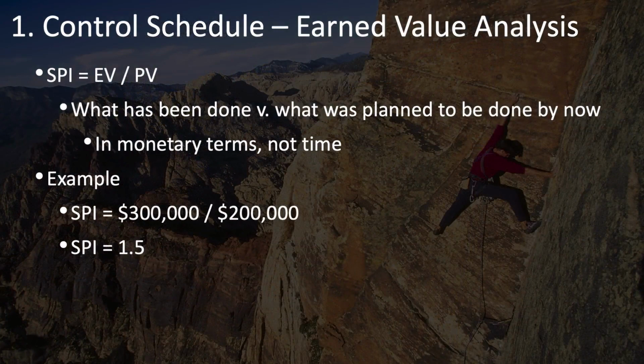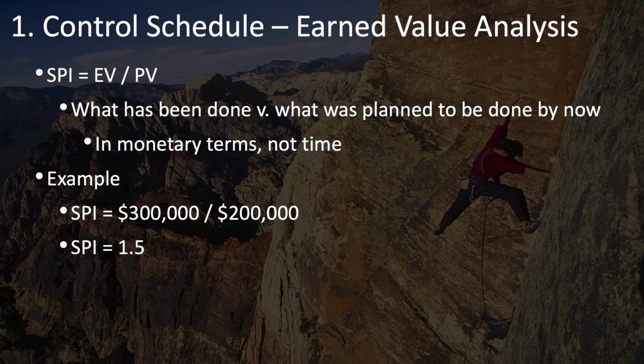The schedule performance index is almost the same. It's earned value, but this time divided by planned value rather than subtracting planned value. Also measured in terms of money, not time, but the money factors out when you do the division.